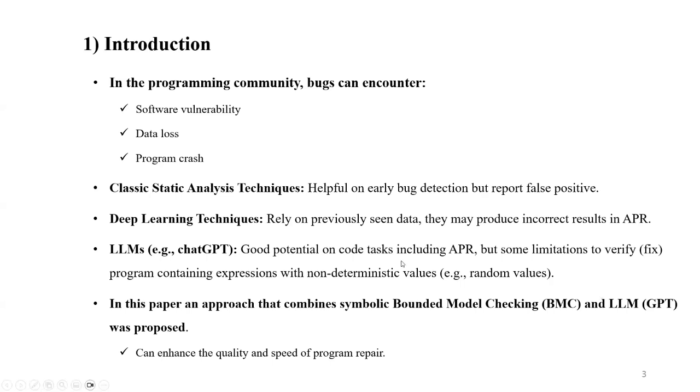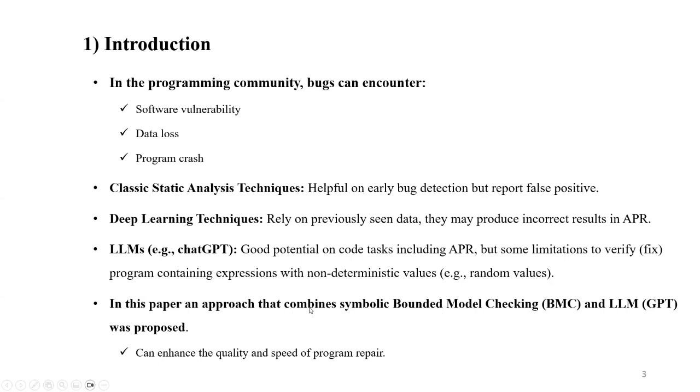I think most of you are using ChatGPT. ChatGPT has pretty much the best accuracy and performance among all the models. Even so, ChatGPT has some defects in the case of APR. It cannot detect or repair programs with non-deterministic values. Non-deterministic values means values intended to be random.